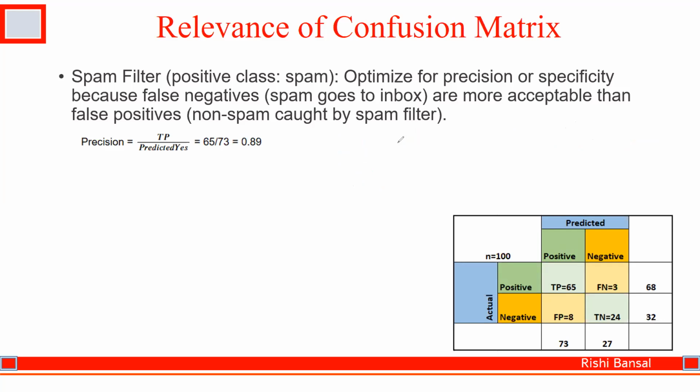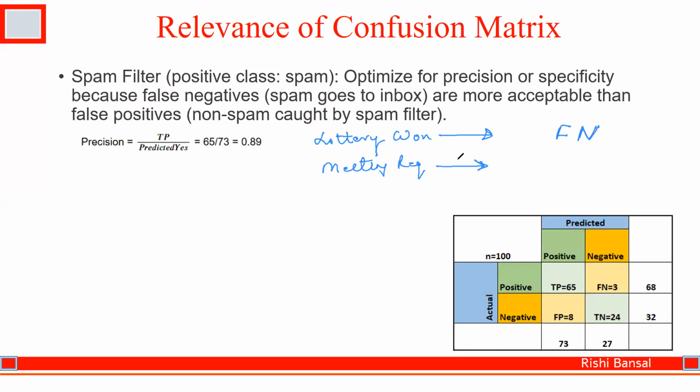See, suppose some mail came, like a lottery. You won a lottery. Now you said this mail is negative, meaning it is not spam, but since it is spam, it means it is a false negative, correct? Now another mail came, some meeting request. This is important.